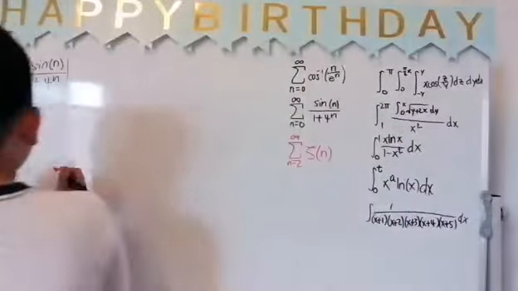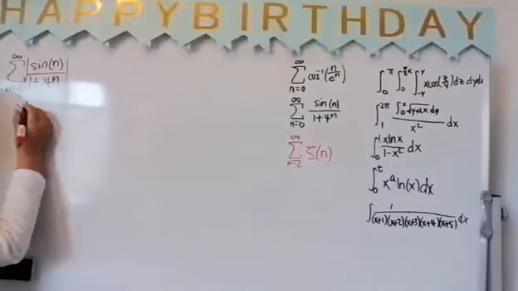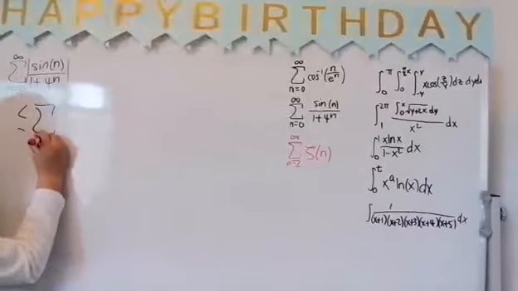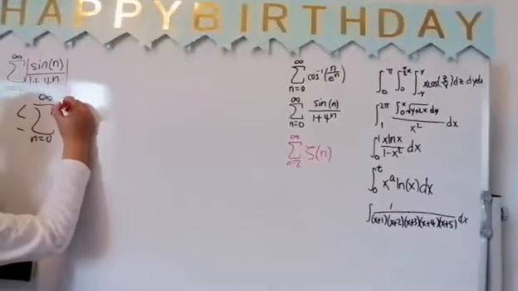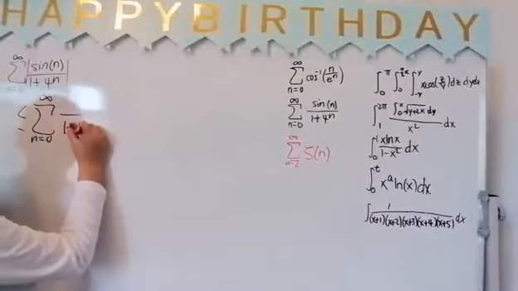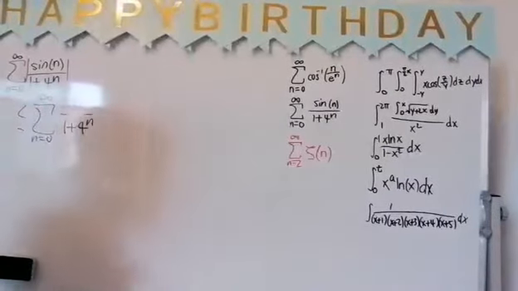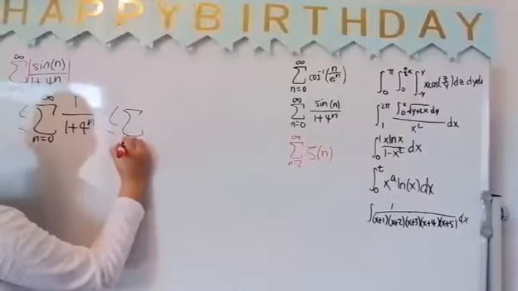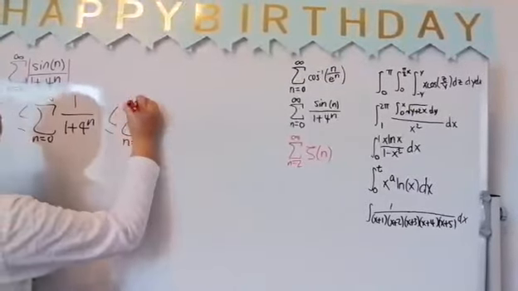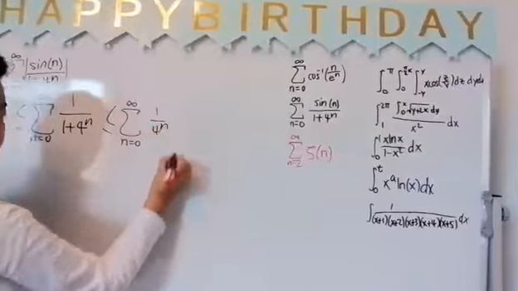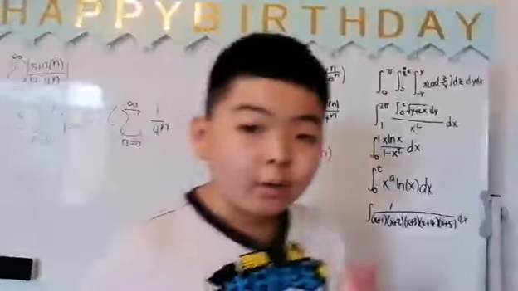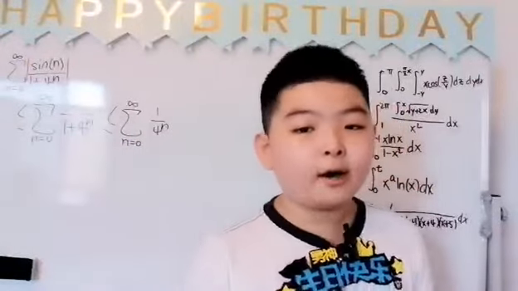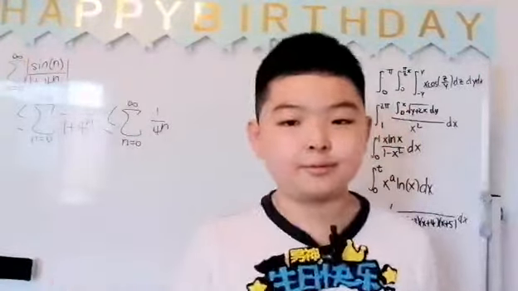So the absolute value is less than or equal to the sum from n equals 0 to infinity of 1 over 1 plus 4 to the n. And of course, this is also smaller than the sum of 1 over 4 to the n, because 1 plus 4 to the n is always greater than 4 to the n. So we can confidently say that this is less than or equal to.